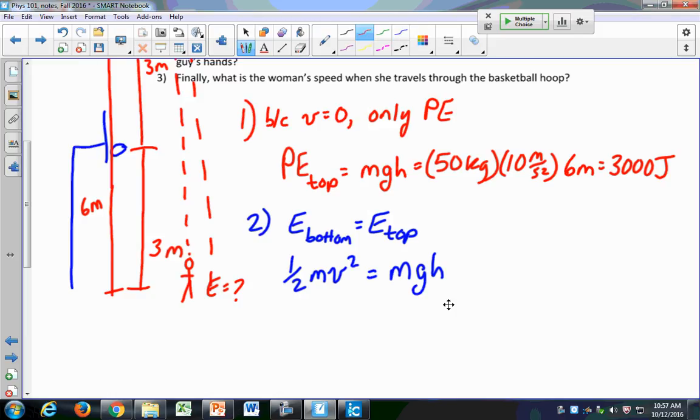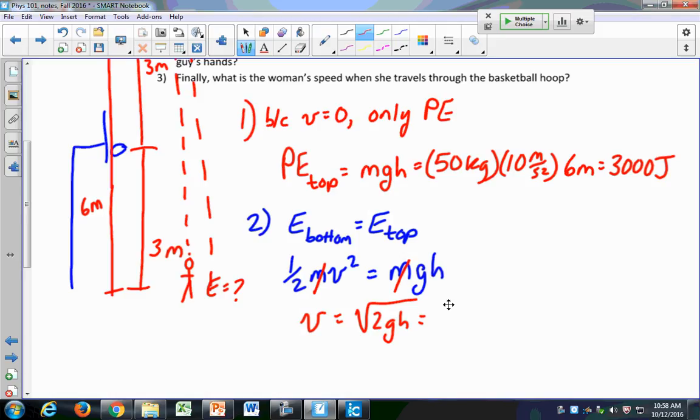All right, notice that my masses, I can divide them out and get rid of them. And I'm looking for the speed, and so that v is going to be the square root of 2gh. I mean, I guess you could memorize that, but it's sort of specialized to this particular case. I would just remember how to find the kinetic energy and then how to find the potential energy.